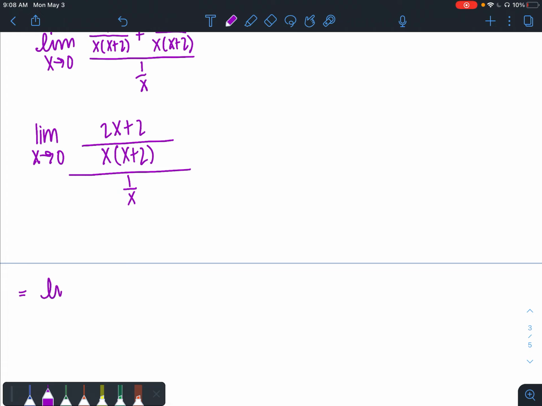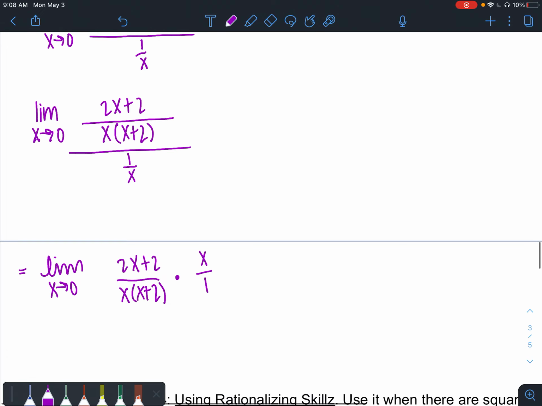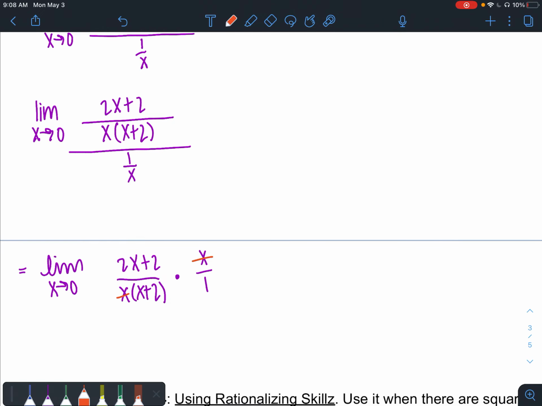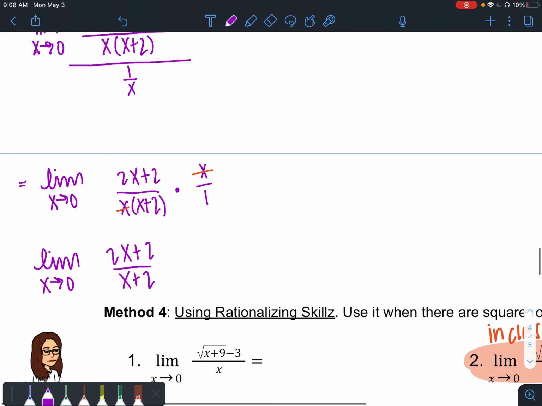Alright, and that's equal to the limit as x approaches 0 of 2x plus 2 over x times x plus 2. I'm going to multiply by the reciprocal of the denominator. These cancel, and I'm left with the limit as x approaches 0 of 2x plus 2 over x plus 2.